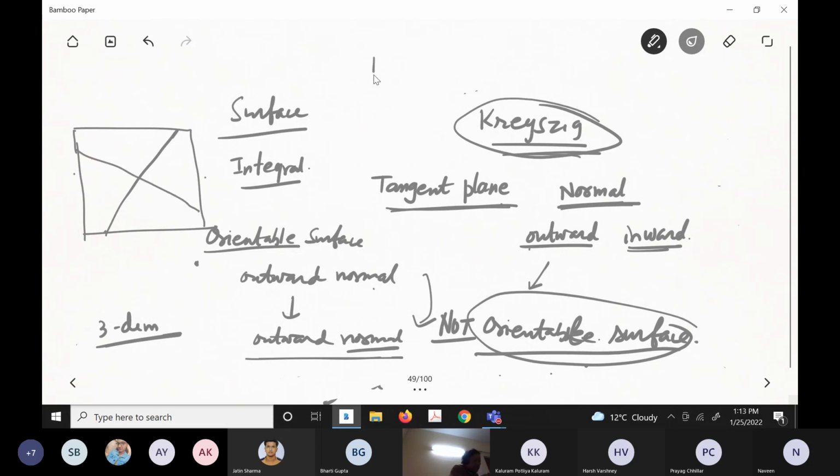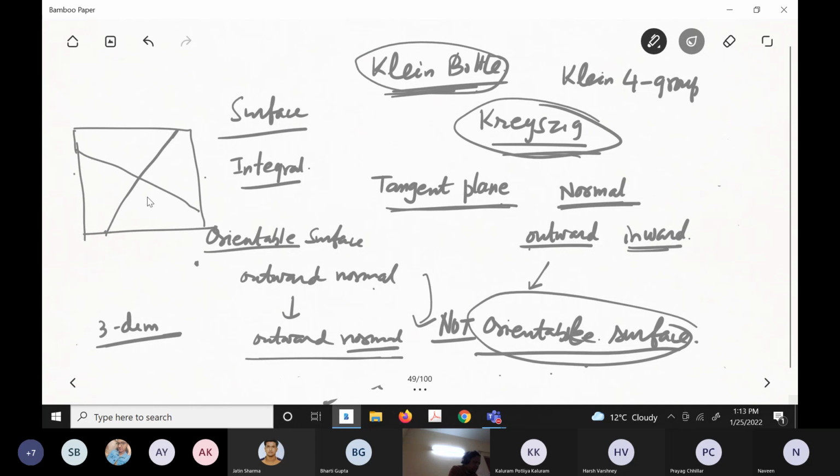You will get what is called the Klein bottle. Sorry, I suddenly said Klein 4. I think in algebra you did the Klein 4 group. This is also Felix Klein; it is in his name, the Klein bottle. If you twist both, you will get the Klein bottle.